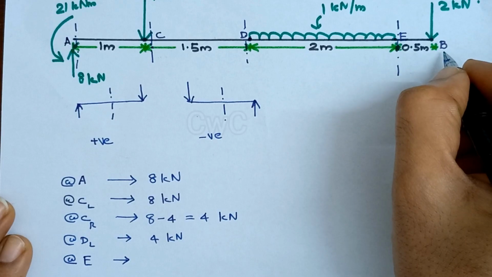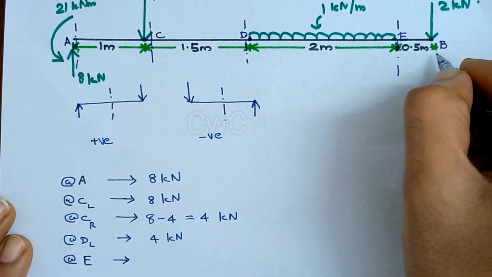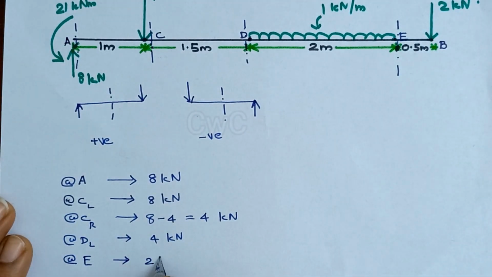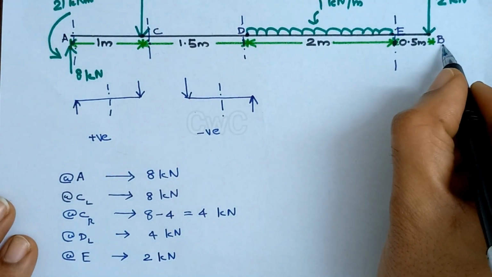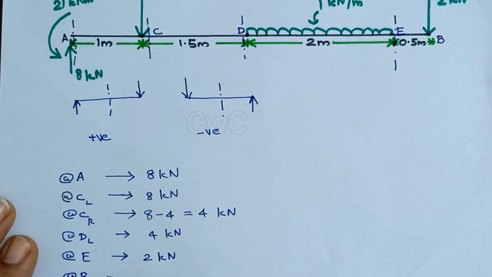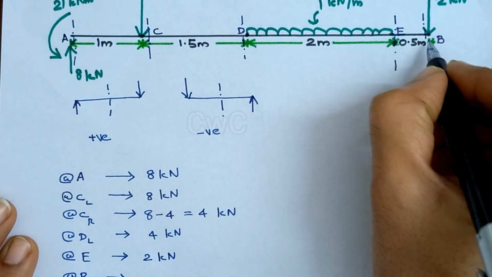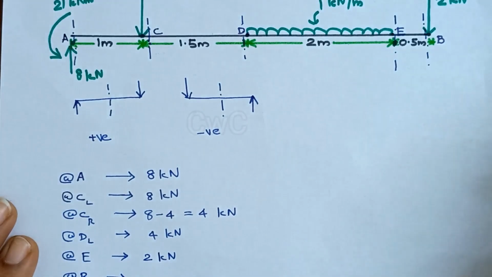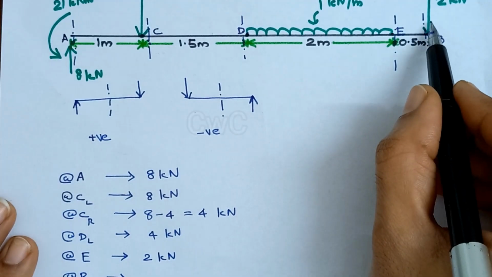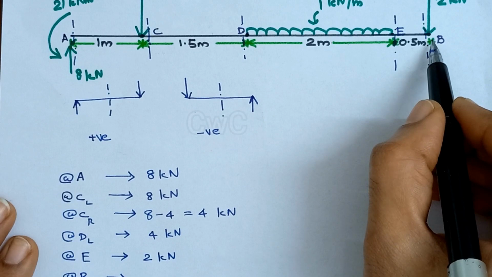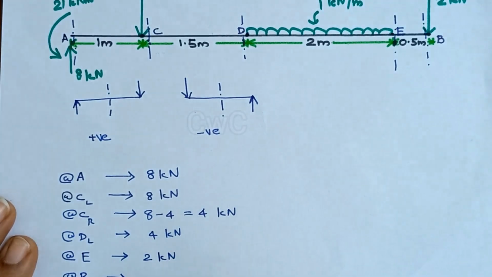So we will get a positive shear of 2 kilonewton. Now what is left is point B. For calculating the shear at B we can consider a section here and at the right of the section we have a downward force of 2 kilonewton. So we will get a positive shear of 2 kilonewton.